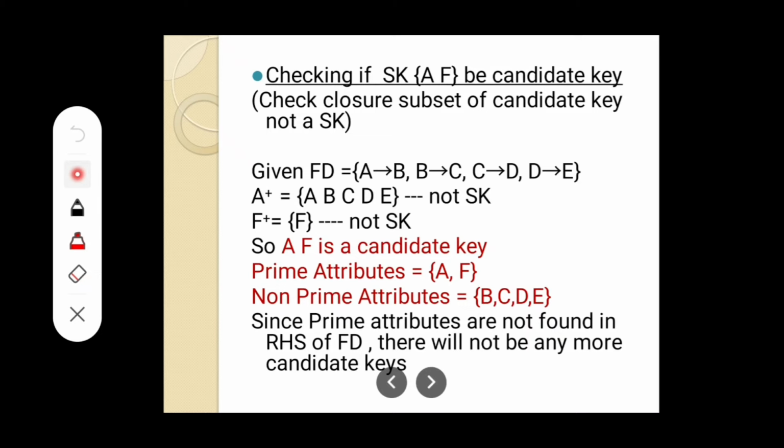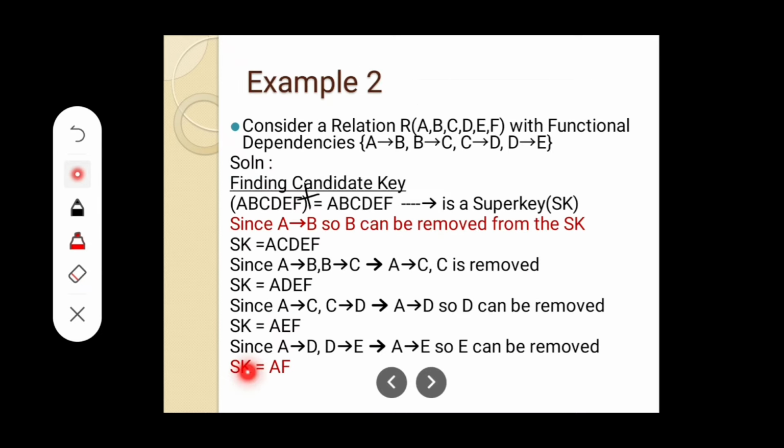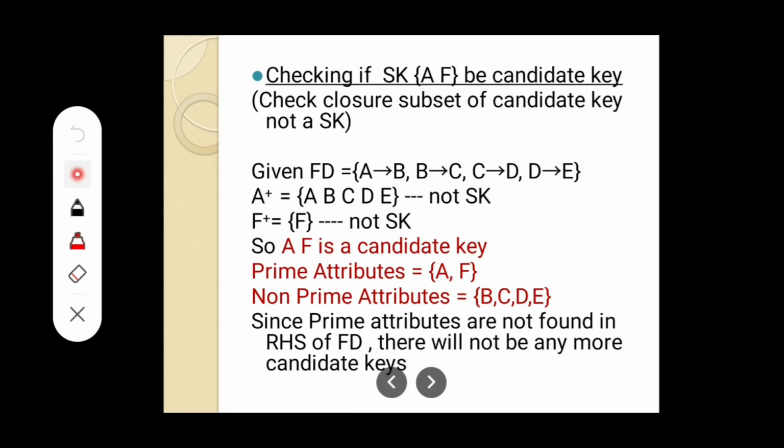Is this a super key? No, our super key is what? AF and A, B, C, D, E, F are the super key. Okay, so this is not a super key. Now the F closure: in the super key AF we have taken A closure. A is the first subset. Now F is the next subset.